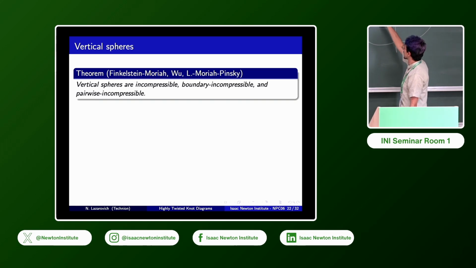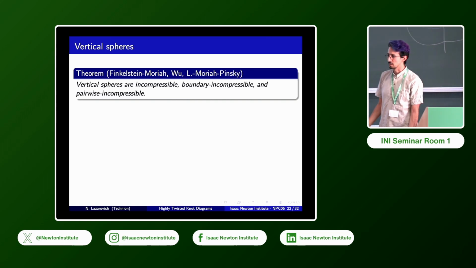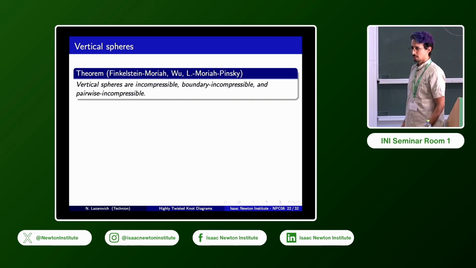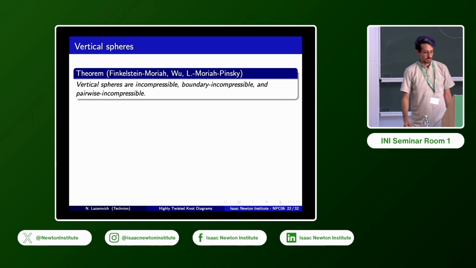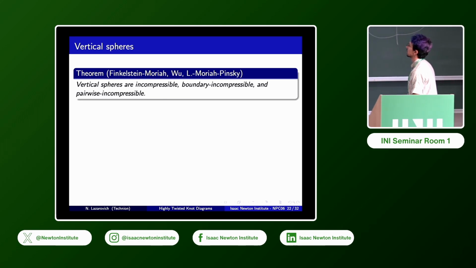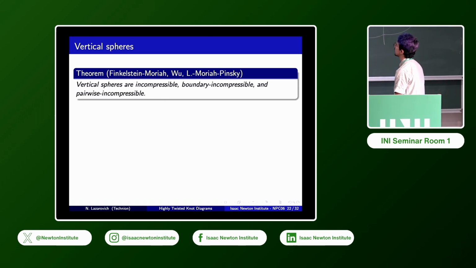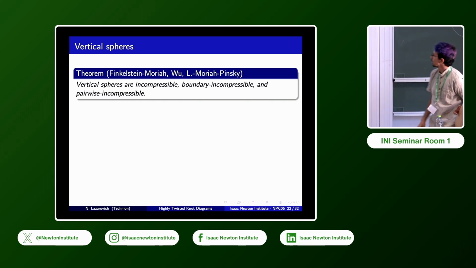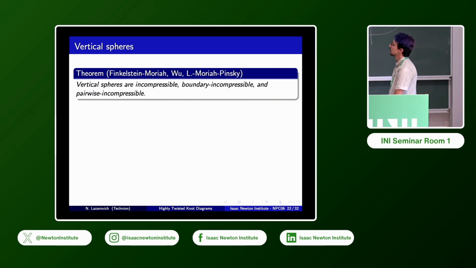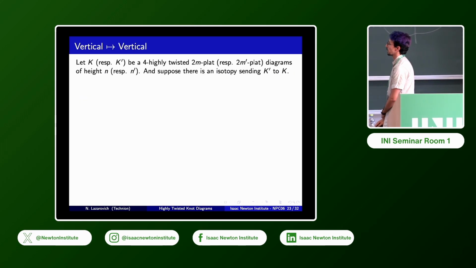In a hyperbolic knot, I cannot have an essential sphere inside. And the other cases are done similarly. So instead of a sphere, you get, I don't know, an annulus or something. Good. So we know that they are super incompressible.